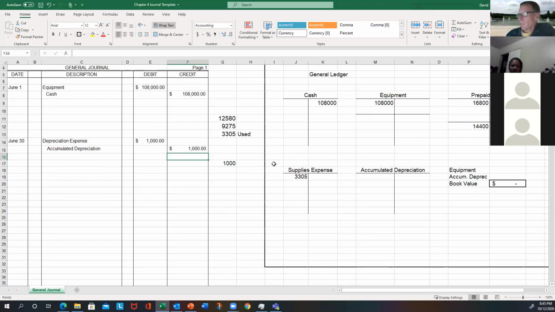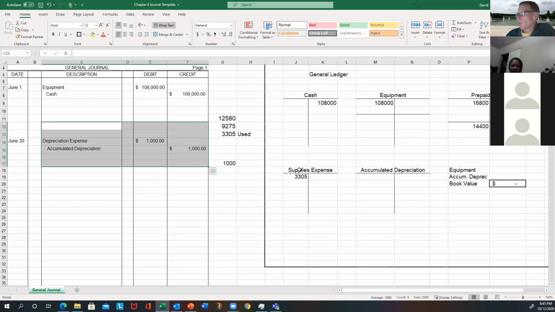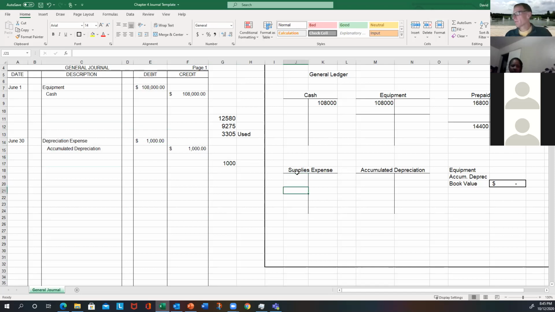So that would be your adjusting entry right here. You would then go to your ledger and let's post it. So we have depreciation expense, there's a 1,000.